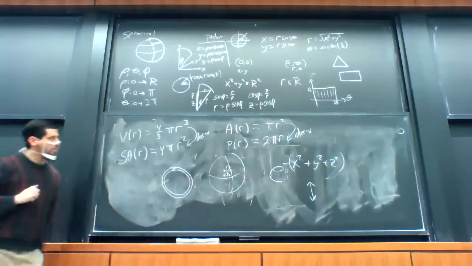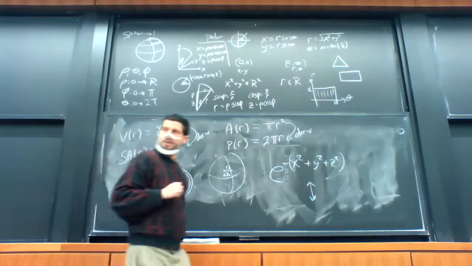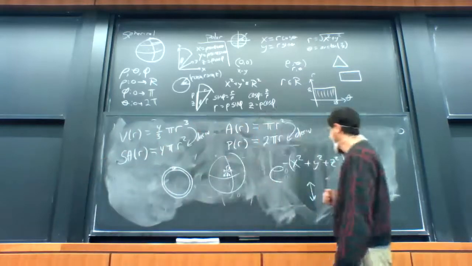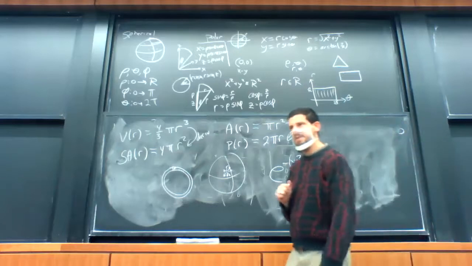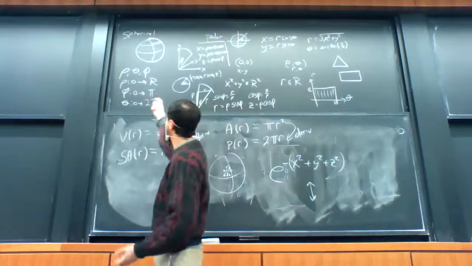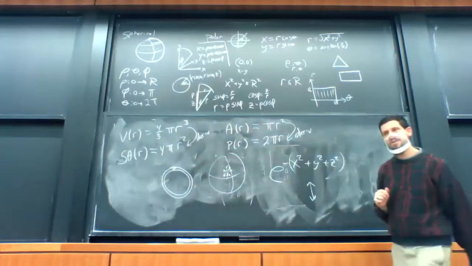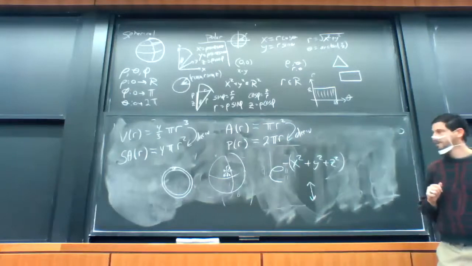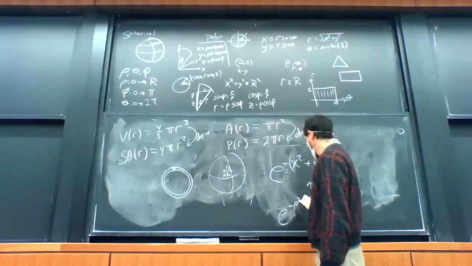What would x squared plus y squared plus z squared be in spherical coordinates? I'm taking e and I'm raising it to the negative x squared plus y squared plus z squared. So what is x squared plus y squared plus z squared in spherical? It would just be rho squared. This is the same as e to the negative rho squared.